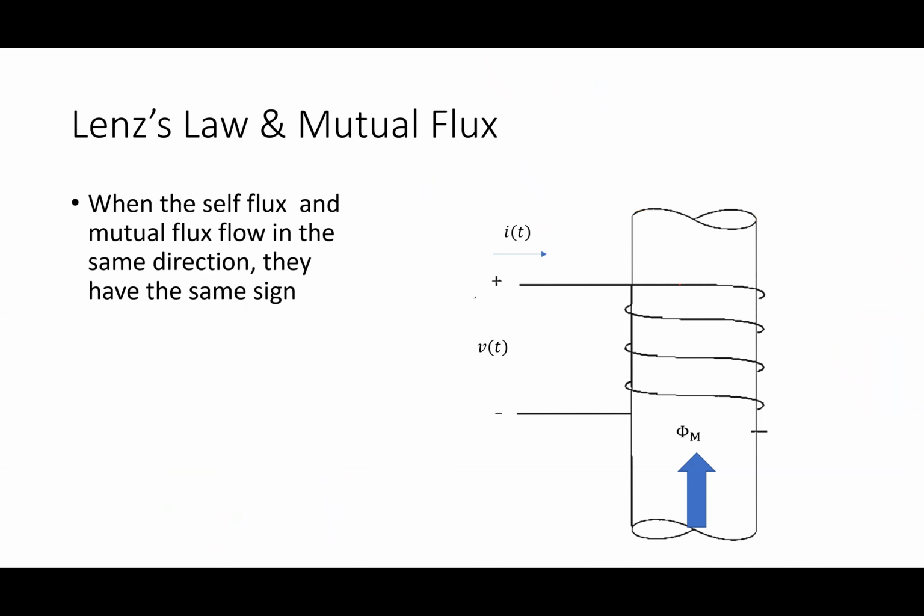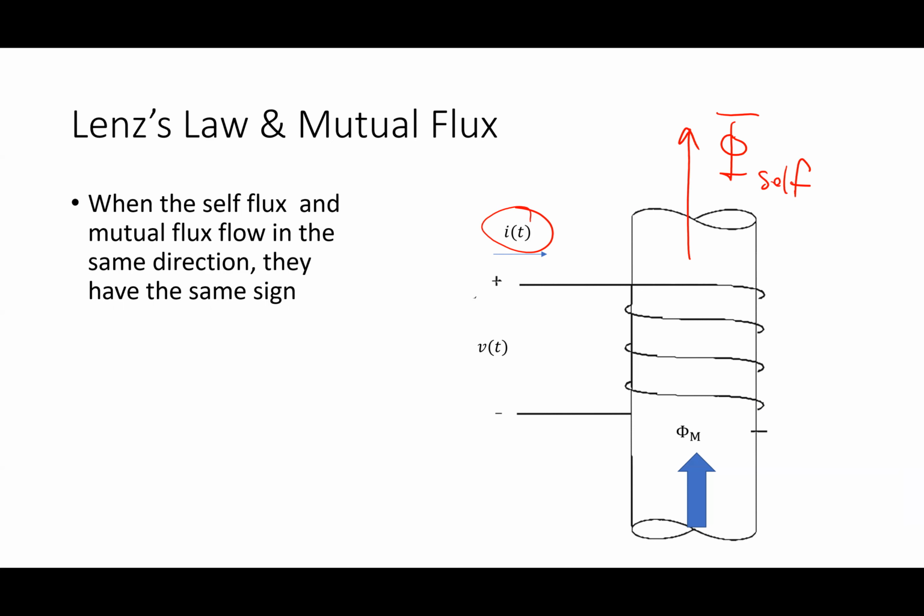Now, the way that I always think about this is, whenever the self flux and the mutual flux are in the same direction, then they have the same sign. In other words, if I had a current I going in right here and the flux phi m going through here, which direction would the self flux be? In other words, which direction would the flux coming from this current be? Up. So this is phi m, and this would be phi self.